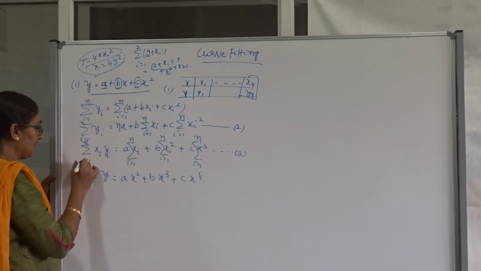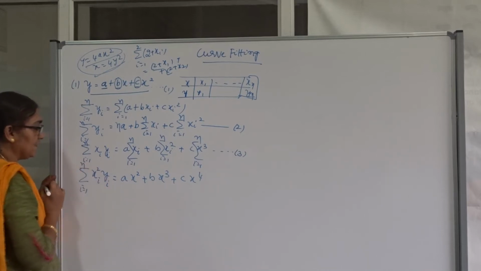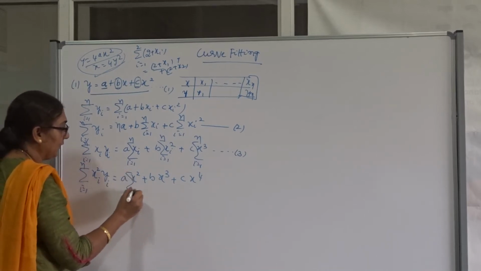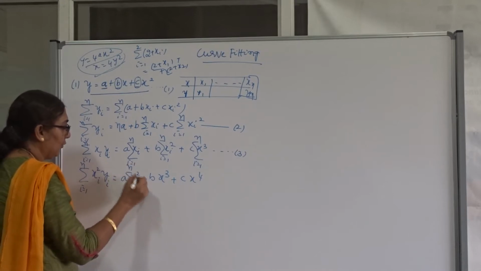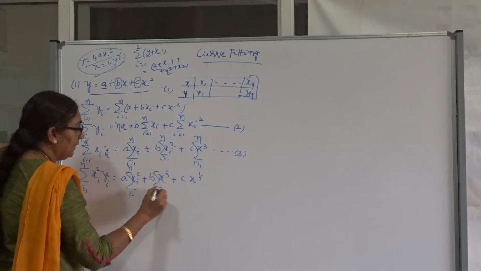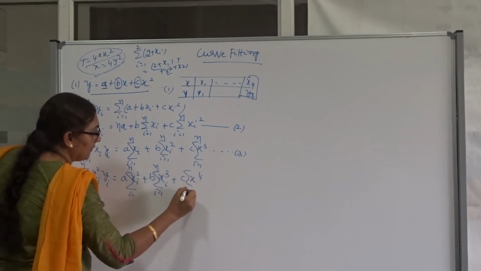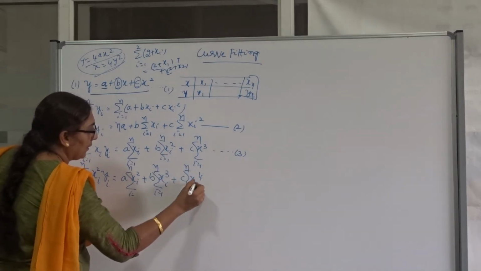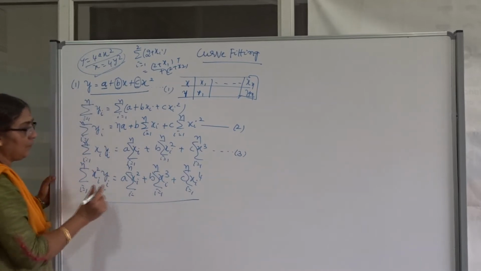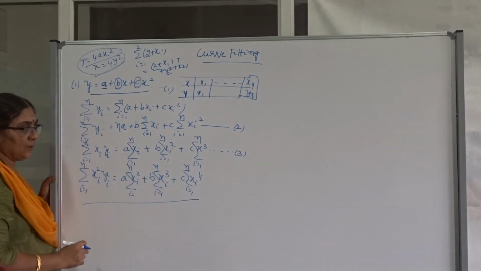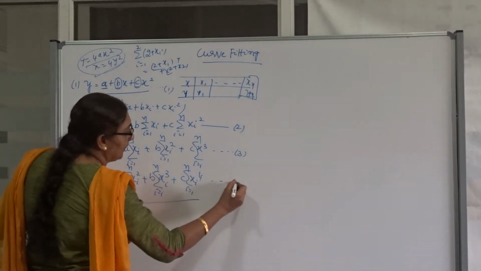Once you take summation, change x and y to xi and yi because they have n values. Summation yi xi square, with i ranging from 1 to n, and then summation xi cube, and then summation xi to the power of 4. I think it's clear why I keep a, b, c outside, because they're constants. This is another normal equation.